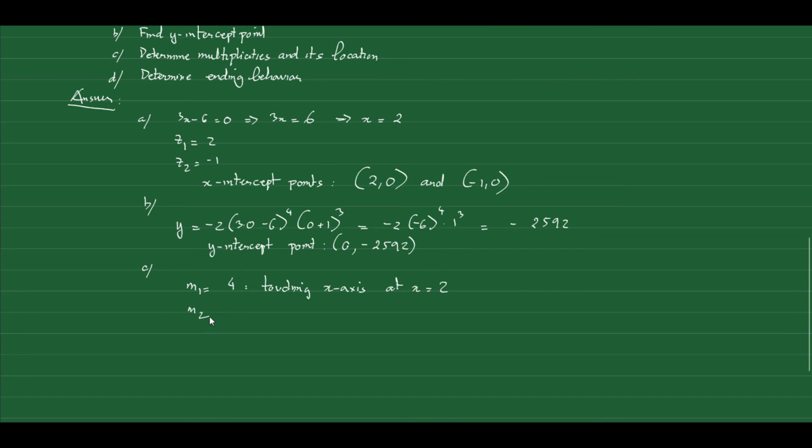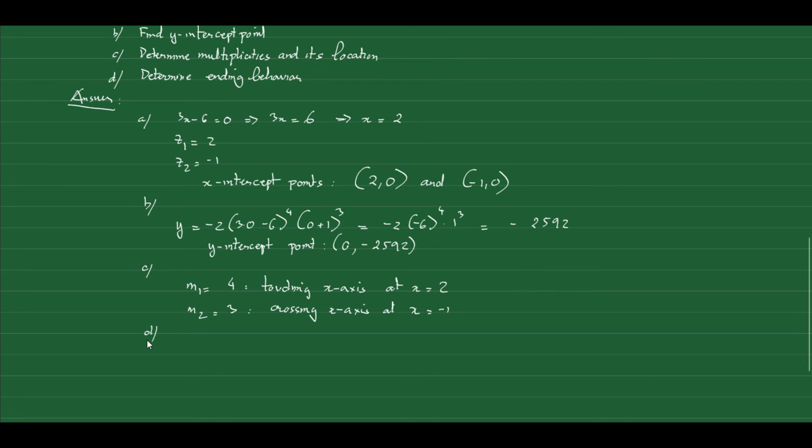And M2 is 3, which is odd, so the graph will be crossing the x-axis at x equals negative 1. So that's multiplicity.